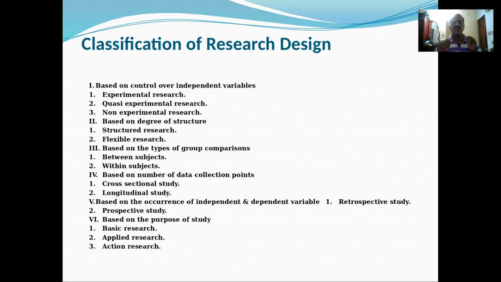Then the fifth classification is based on the occurrence of the independent and dependent variable, when that is occurring. We classify research into retrospective studies and prospective studies. So what is retrospective?